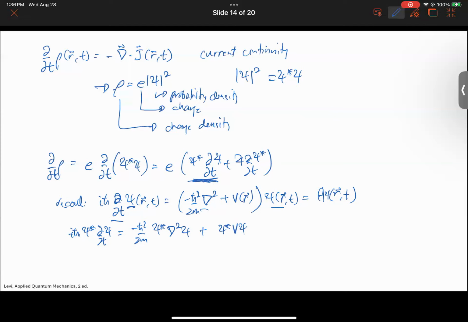Then, para makuha naman ito, first, we take the complex conjugate of this expression. And then we multiply it by psi.